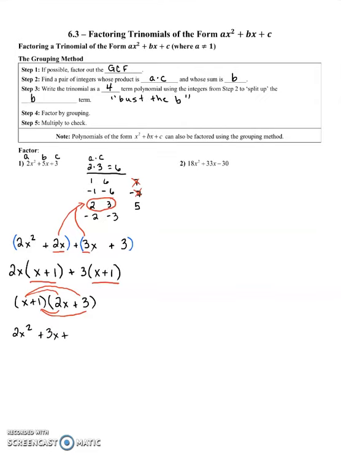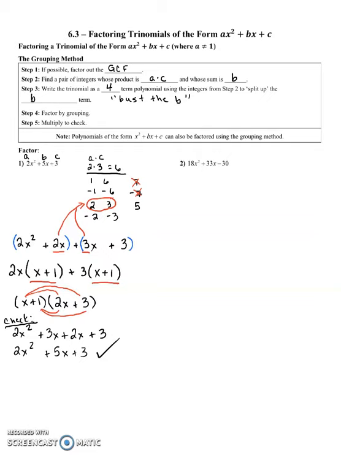For the inner, we have 1 times 2x is 2x. And then 1 times 3 gives us the plus 3. And when we combine our like terms, we get 2x squared plus 5x plus 3. So our check works out.